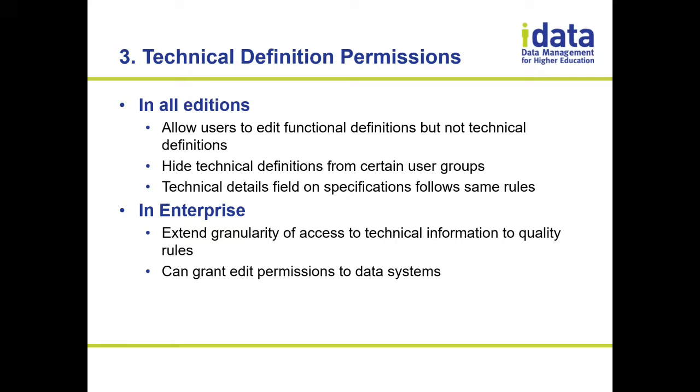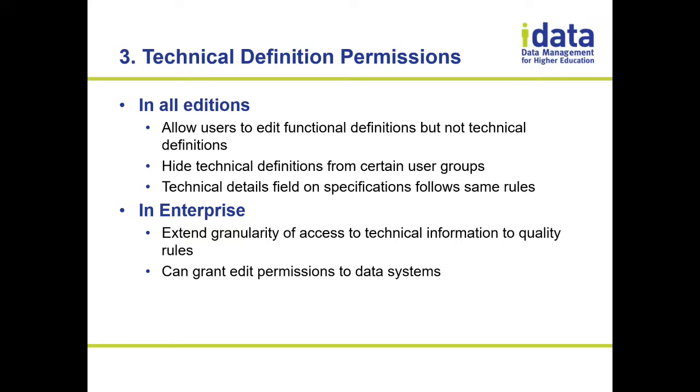And in the Enterprise Edition, you have quality rules where you also can capture technical information, again, by data system. So what you can do is set it up so that some people cannot see these definitions, or maybe an editor can edit a functional definition and they can view a technical definition, but they cannot make changes to it.